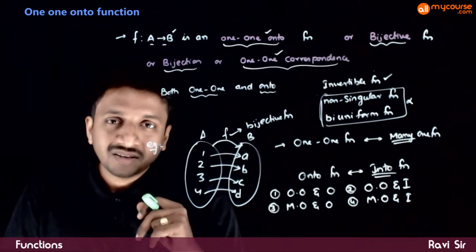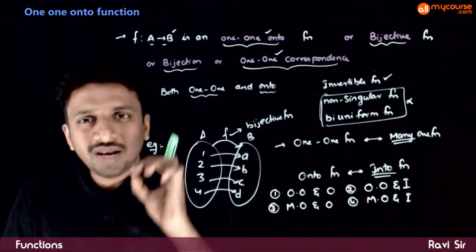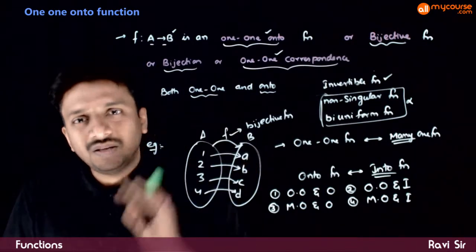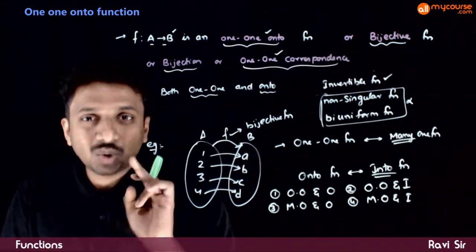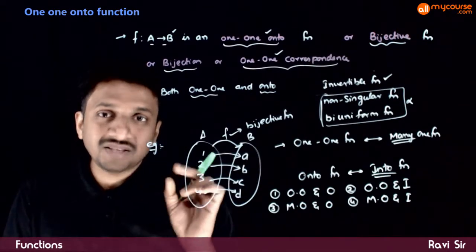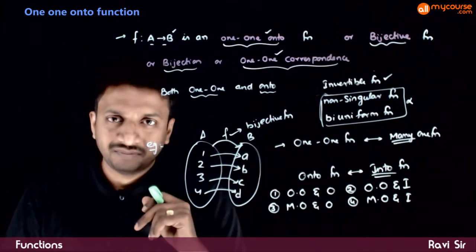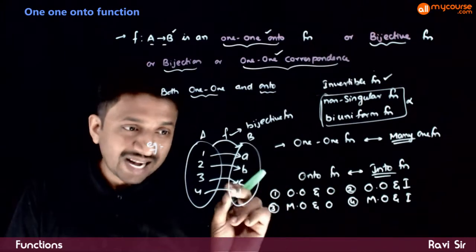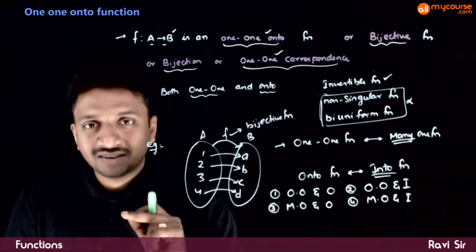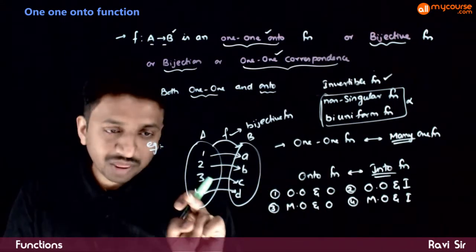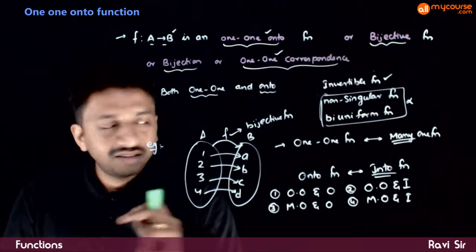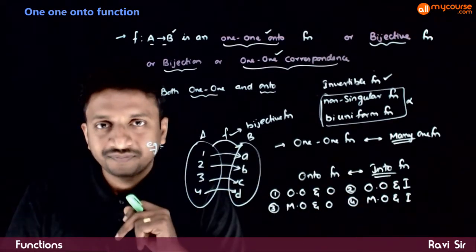Many 1 means at least 2 elements have the same image in the second set. If at least one element in the second set is left out without being paired with the first set, we call it an into function.